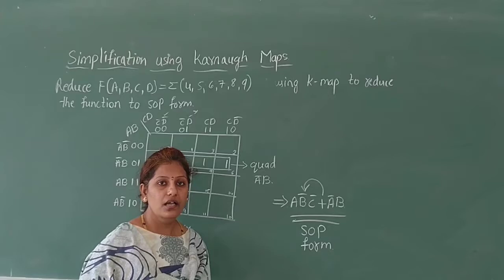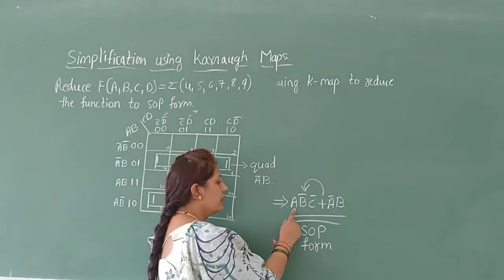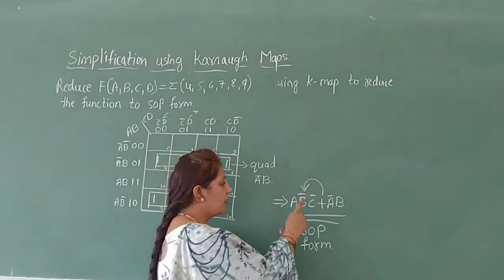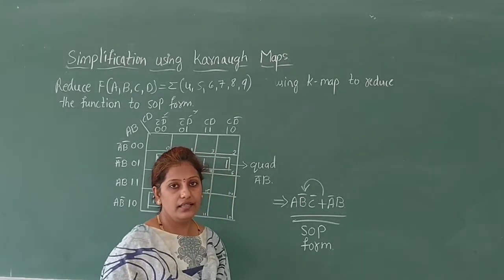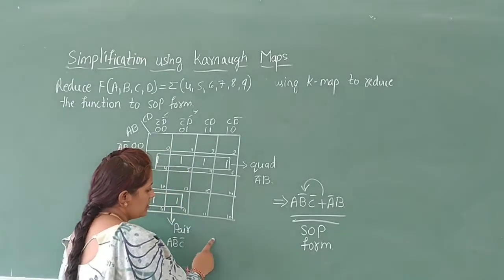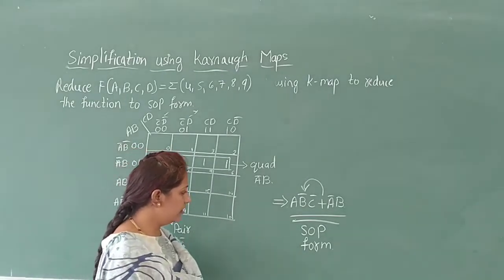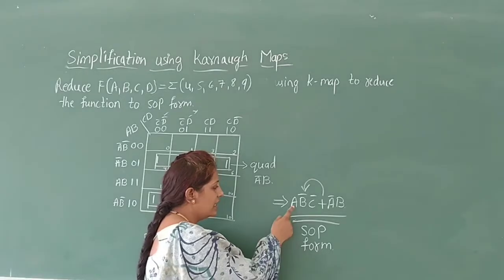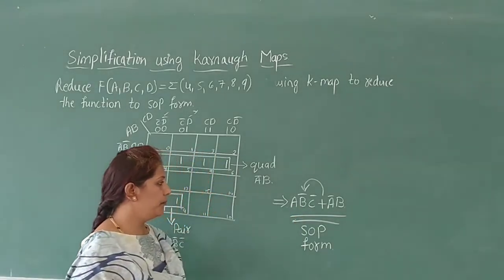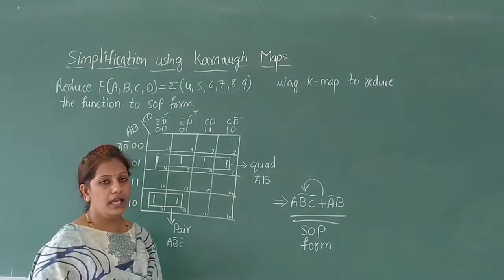A minterm is nothing but the product of all literals, with or without bar, in the function. Thus, the final SOP form is A B bar C bar plus A bar B using K-map.